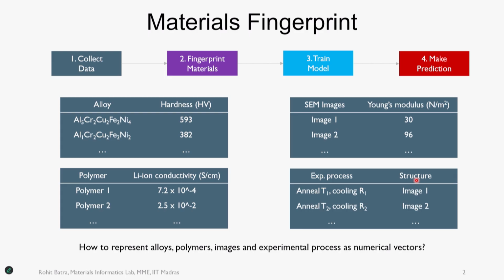So all of these are different types of data set that you can imagine, and I mean that figure that we have, right? Property, structure, processing. What else is there? Performance, right?